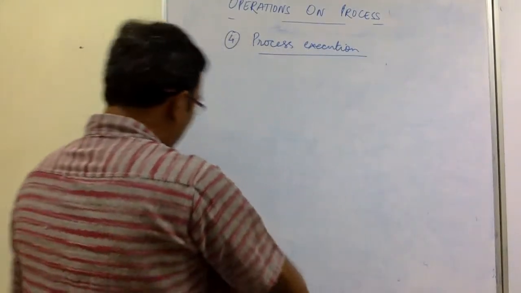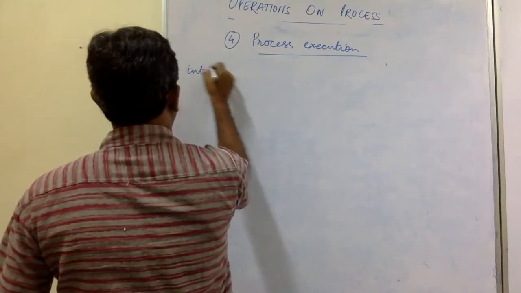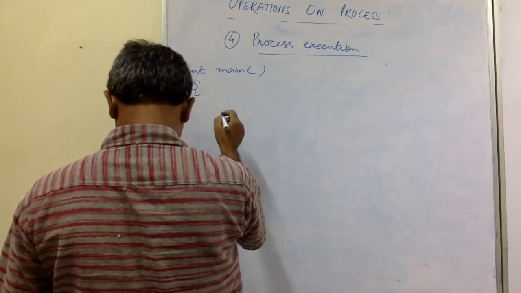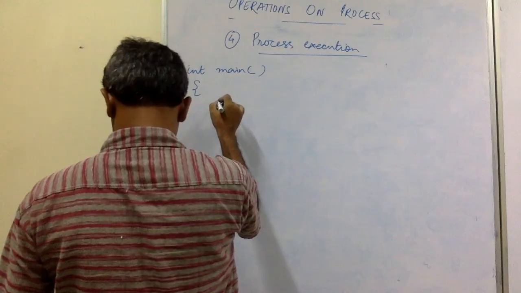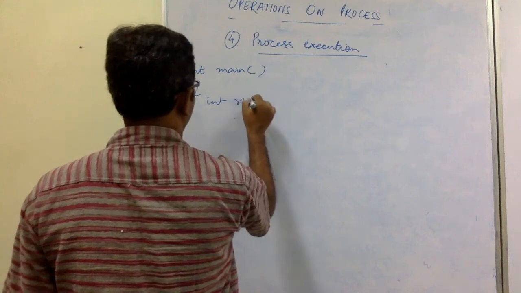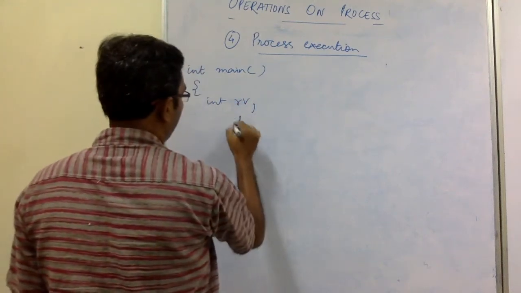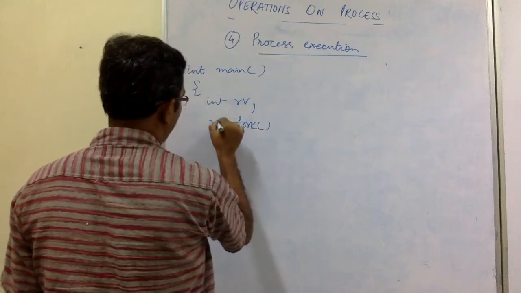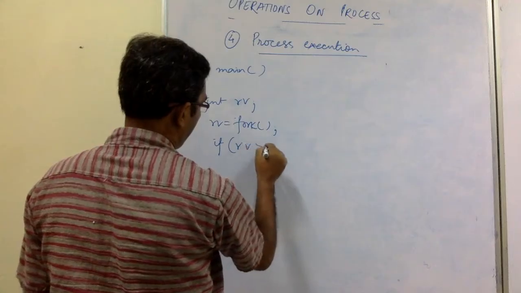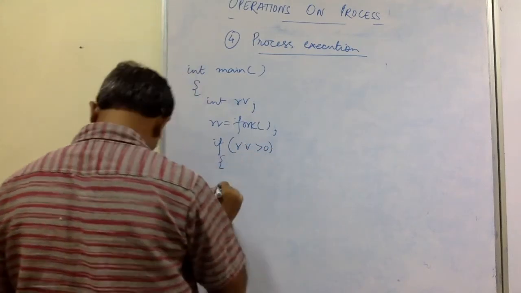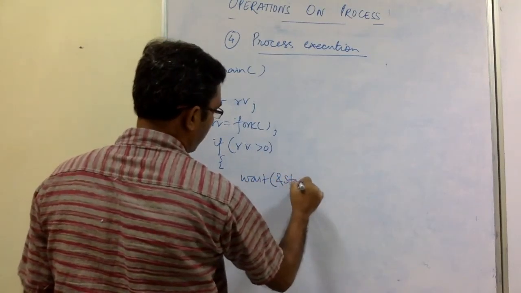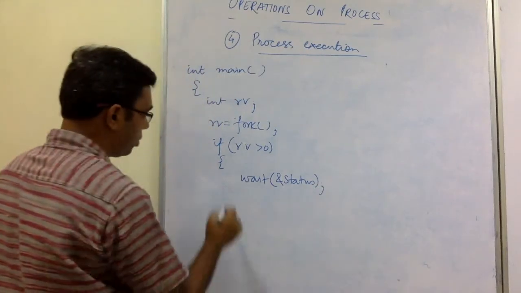So we have the same thing. Let's say we have a variable called RV, then we fork and we store it in RV, and if RV is greater than 0, we put a wait, and we wait for the child to terminate.